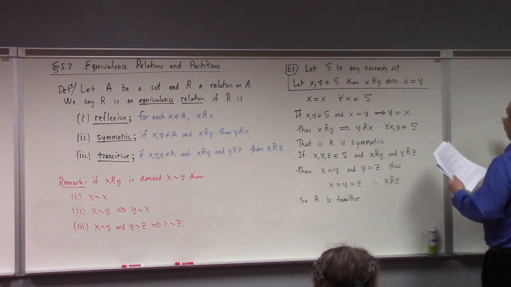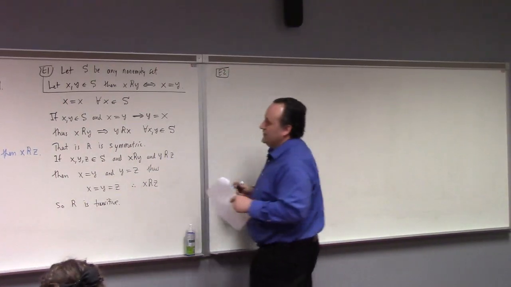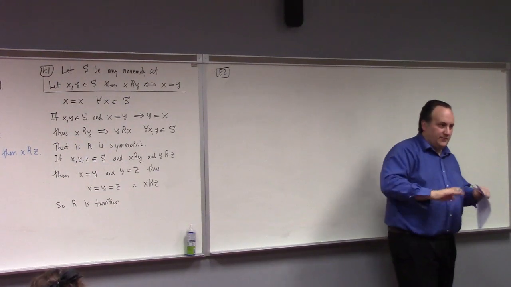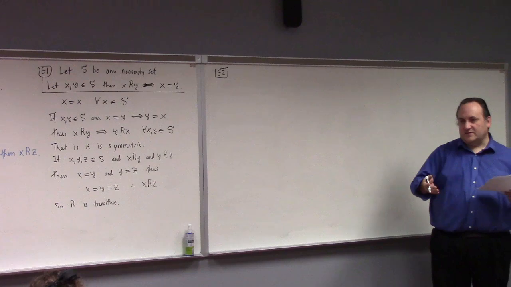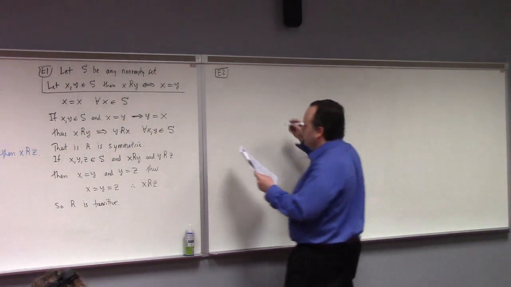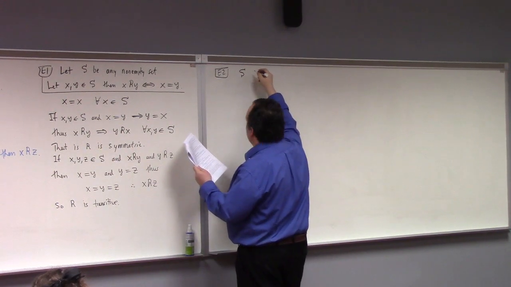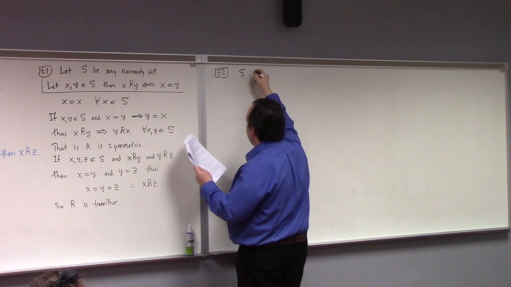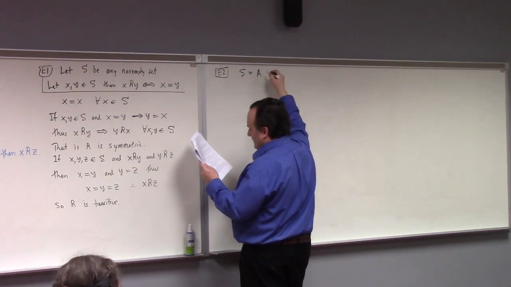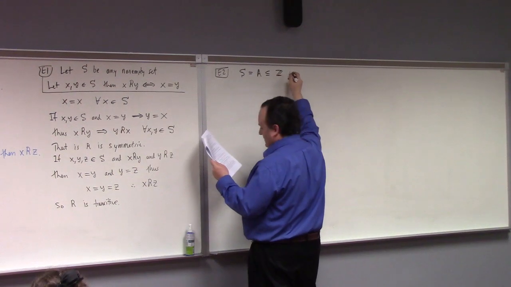So example 2. The idea of an equivalence relation is to abstract the notion of equality. And so we're going to broaden our concept of sameness in different examples. And so here's one. We can let the set that we're going to define the equivalence relation on, which I've been calling A in the definition.